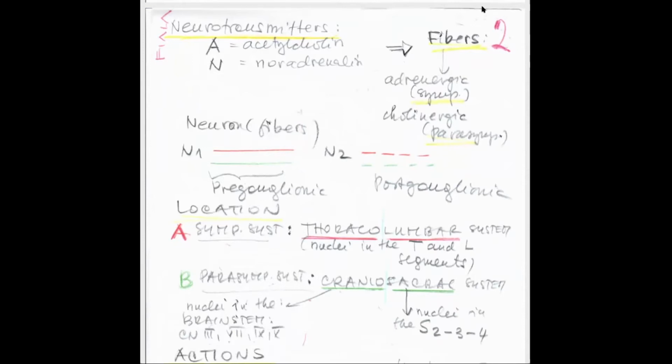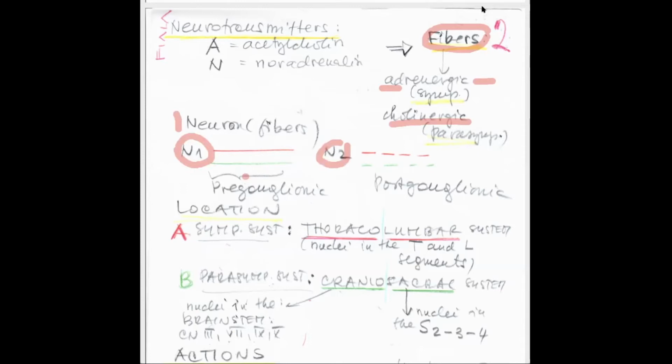That's why the fibers are cholinergic, while noradrenaline is for sympathetic. That's why we call the fibers adrenergic. So we see two types of fibers: adrenergic, sympathetic, and cholinergic, parasympathetic. Concerning the fibers or neurons, neuron number one is preganglionic, number two is postganglionic. We use also again the interrupted lines.